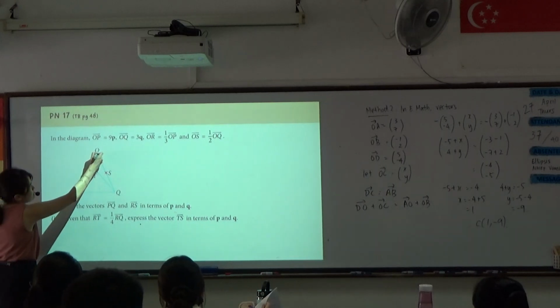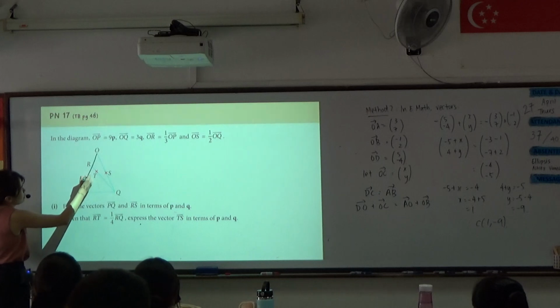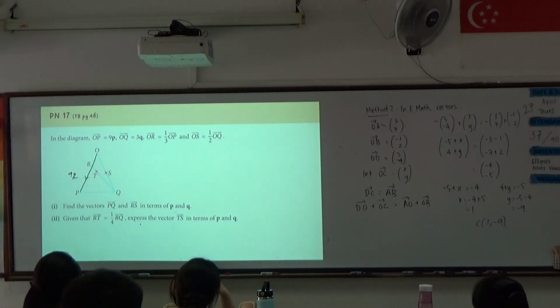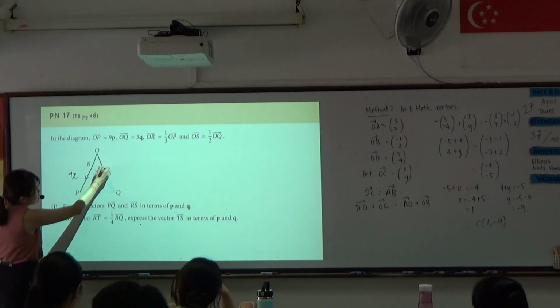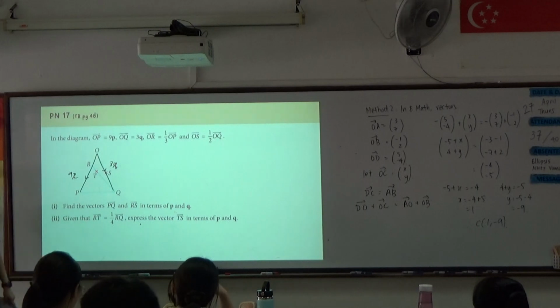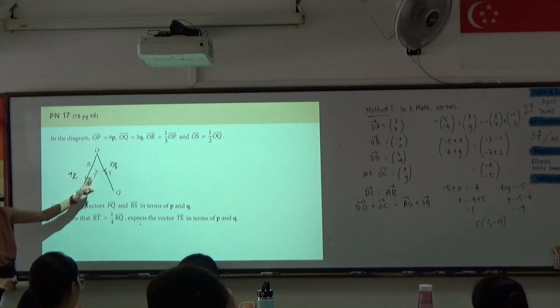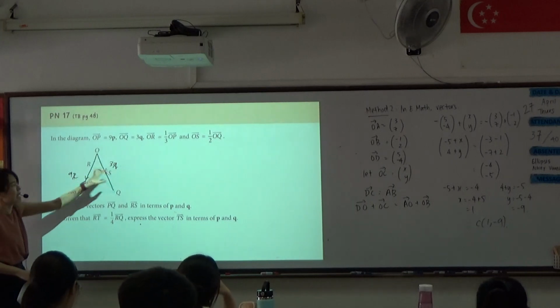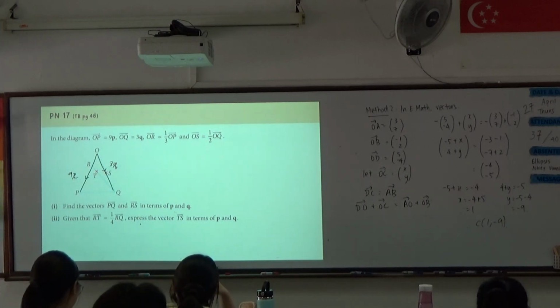So OP is in this direction, and that is 9p. And then OQ is 3q, so this direction over here has a vector of 3q. The reason it's not labeled in the diagram is likely that, due to the way they have labeled T and S, it becomes very confusing. If you're going to label your own diagram, you just need to remember how you label it and what it actually means.